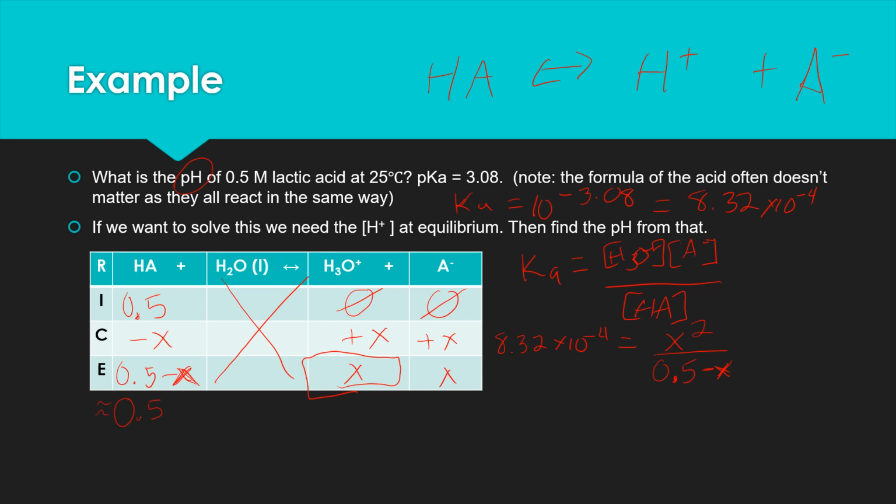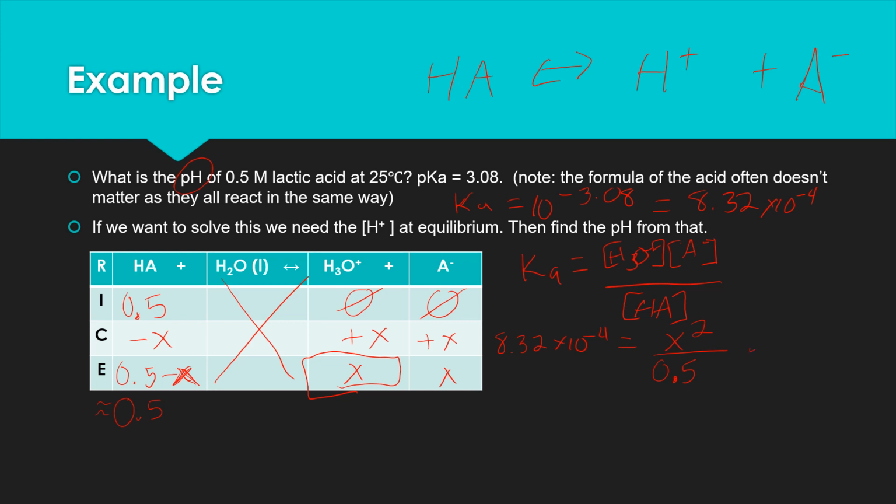So I'm going to eliminate this part off of my equation. We know our X value is going to be really small because we know our equilibrium constant is very small. So it's going to favor the reactants. Our X values are going to be very tiny. So we can solve from there.